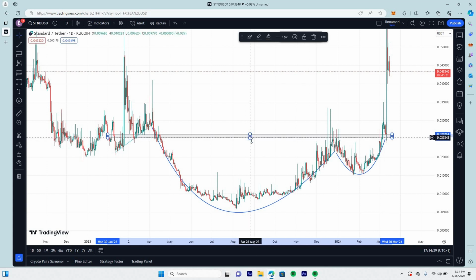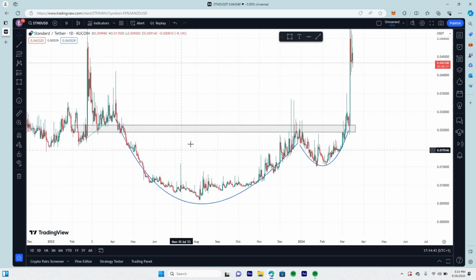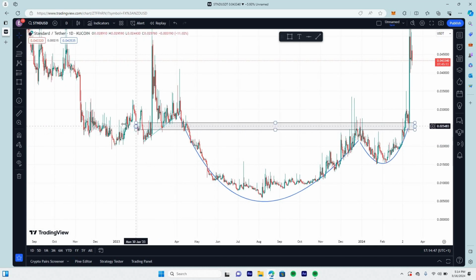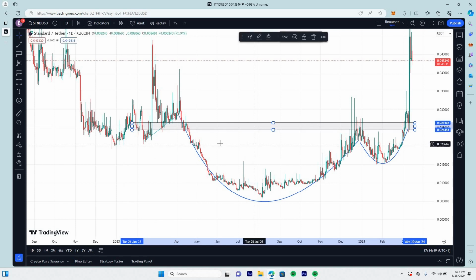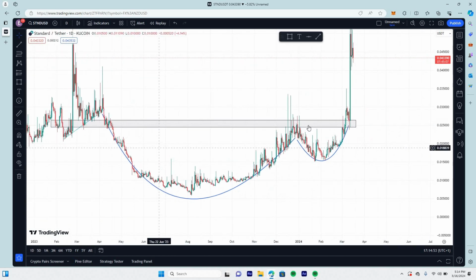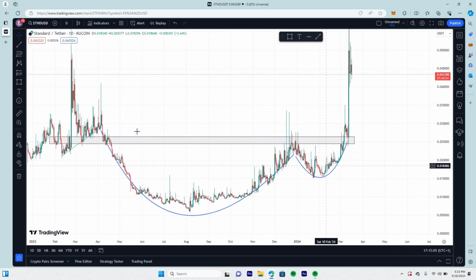Let me just draw my charts quick. So I think that's a very decent support zone that was formed there, where we saw a lot of price bouncing. We also saw that when price came here, there was this resistance zone, which pushed price back to form the handle.